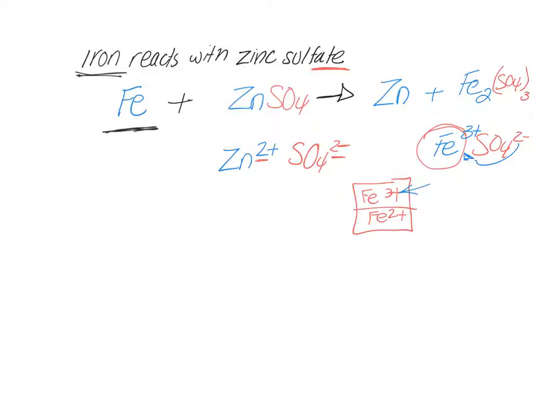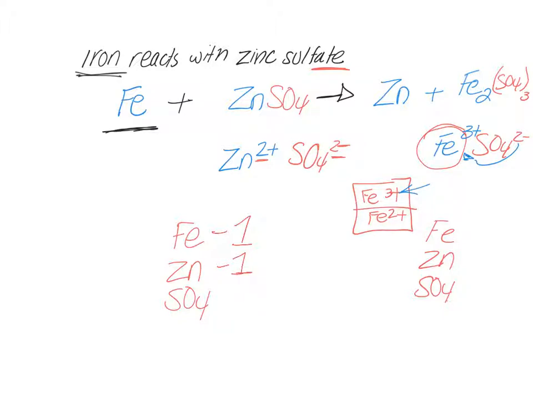Now, you might want to look at SO4 as a total group rather than separating it into sulfur and oxygen, so we'll try it that way. I'm going to start with iron. There's 1 iron over here, 1 zinc, and 1 total sulfate group over here.